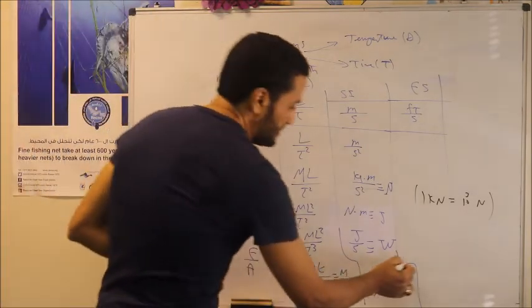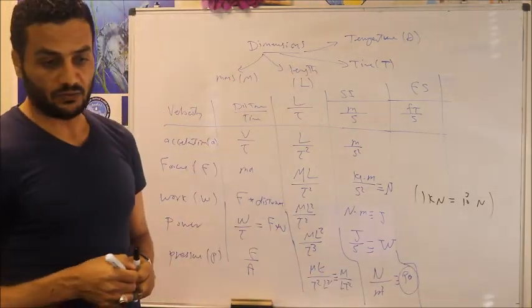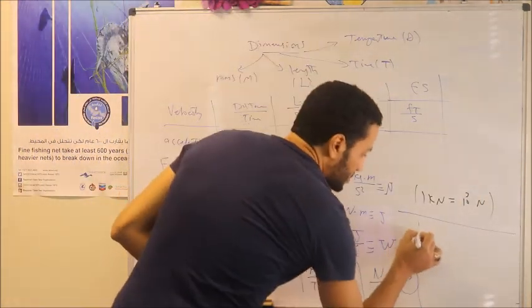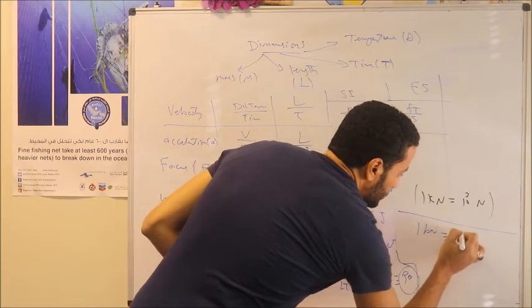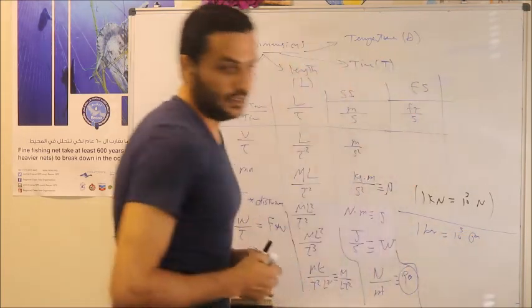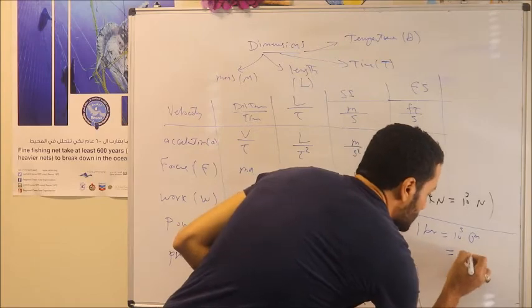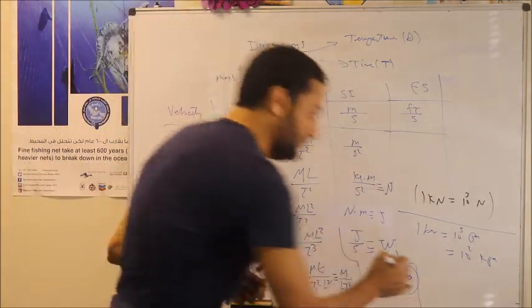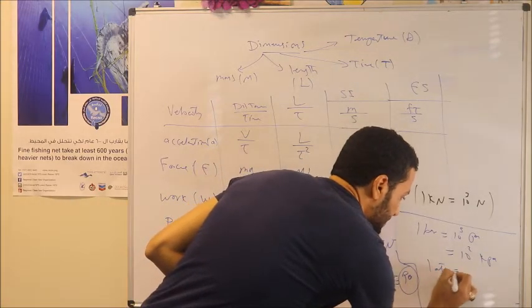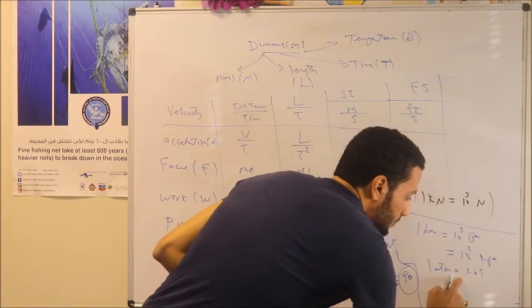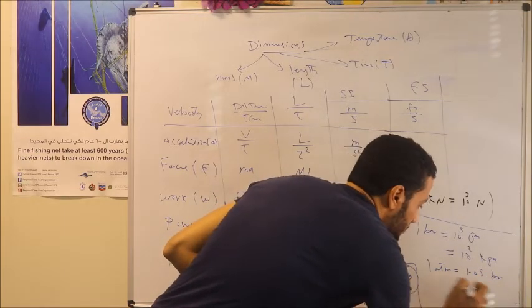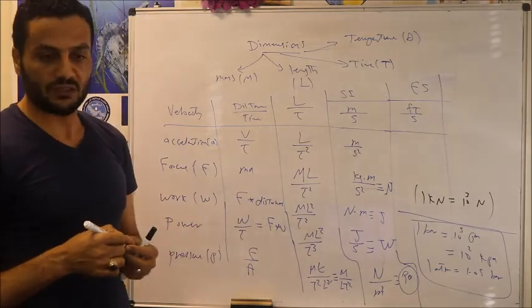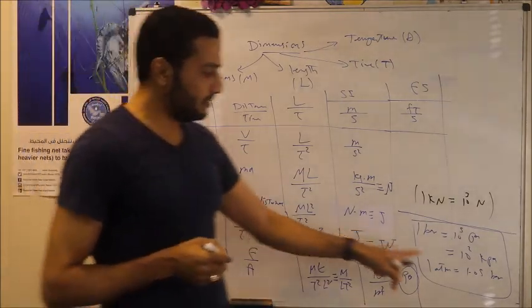Okay, the last thing to mention here, something important about pressure. We said pressure is calculated in Pascal in the SI system of units. There is also another unit for pressure, which is called bar. 1 bar is equal to 10 to the power 5 Pascal, or 10 to the power 2 kilopascal. We also have 1 atmosphere, which is our atmospheric pressure, equal to about 1.05 bar. The definition of bar is related to the atmospheric pressure.